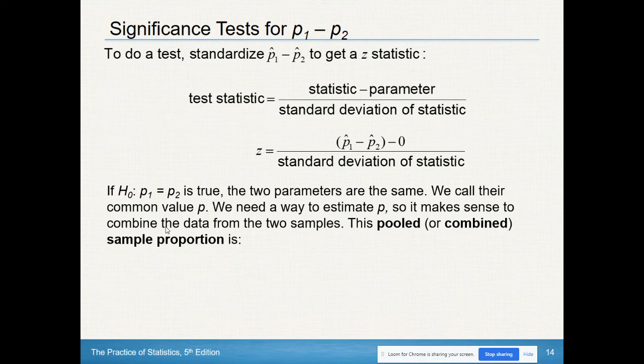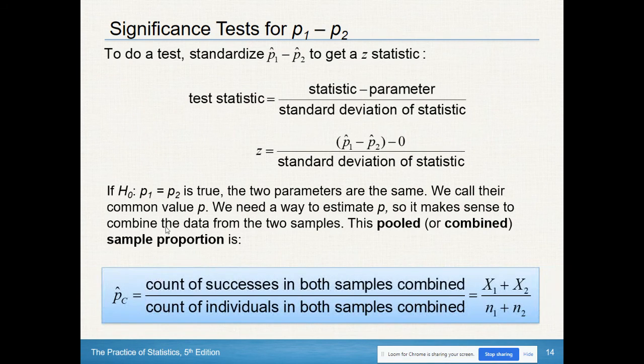This pooled or combined sample proportion is the count of successes in both samples combined, x1 plus x2, divided by the count of individuals in both samples combined, n1 plus n2. That's your p hat c. You're combining the data from both samples.